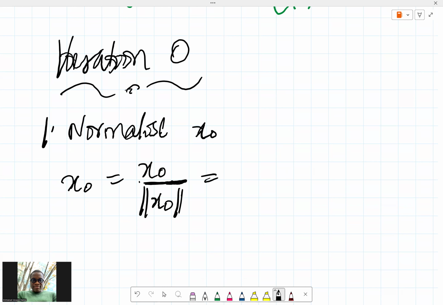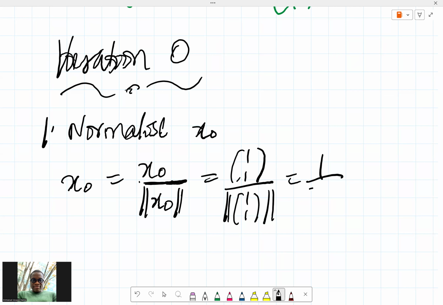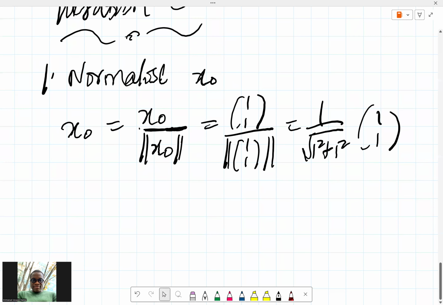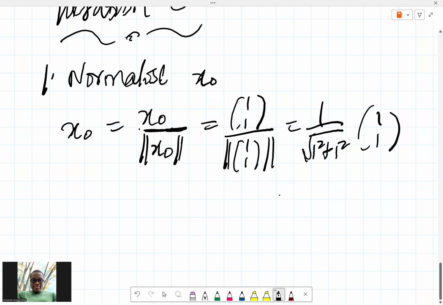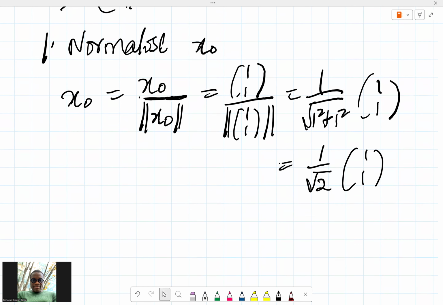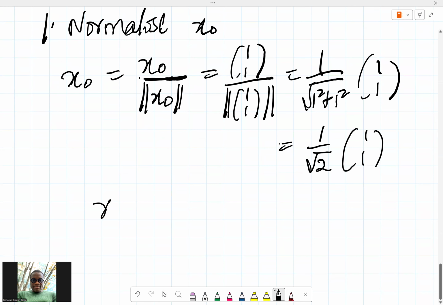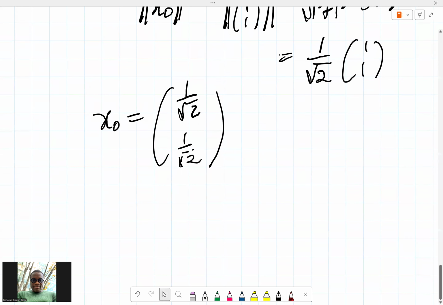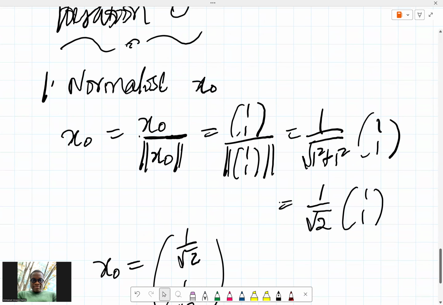So this is [1, 1] over the norm of [1, 1], which is 1 over the square root of 1 squared plus 1 squared, into [1, 1]. That's 1 over root 2 into [1, 1]. So x naught is equal to [1 over root 2, 1 over root 2]. That's the first step.